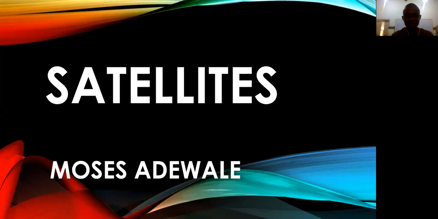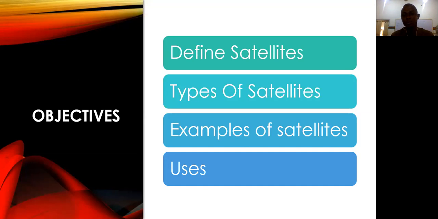Now, let's go. Under this edition, at the end of this lesson, if an examiner asks you, you'll be able to define what a satellite is, state the types of satellites that we have, mention some examples of satellites, especially the artificial satellite, and then mention some of the uses of satellite.